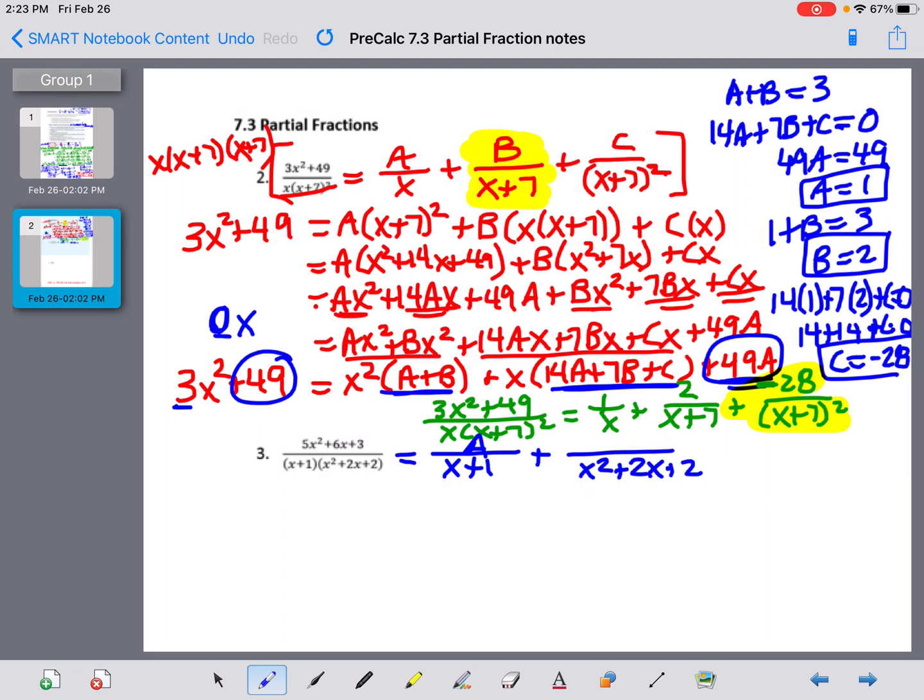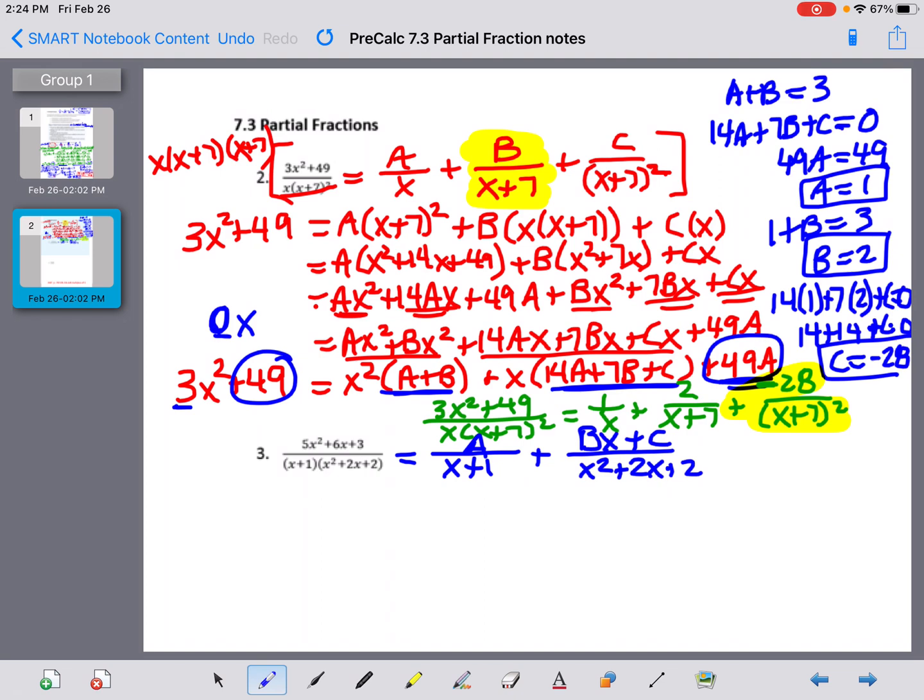I can't just put a b on top. What I have to do is it could be linear on top, 1 power less. So I'm going to put a bx plus c. So it could have a linear part, the x part, and a constant part. So I get both of those up there. This is what happens when I have a quadratic.